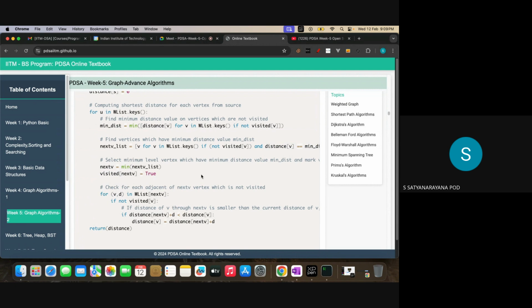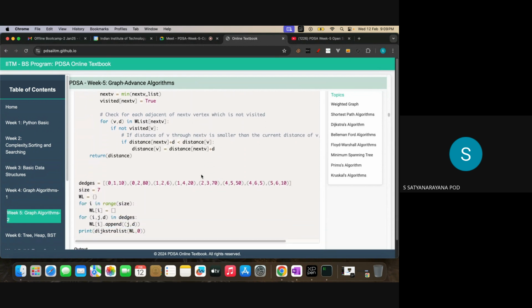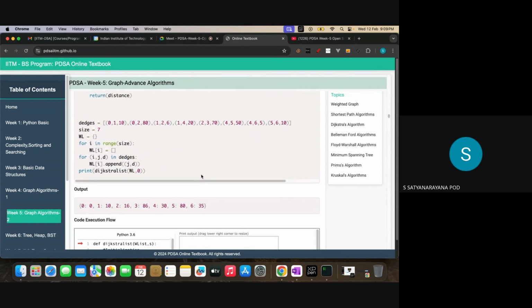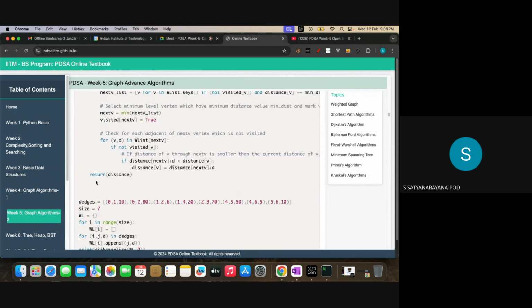So already making the visited matrix true, as in the DFS and BFS algorithms, because already the dictionary is updated. Am I right? Initially all of them are false. Is it right? Yes, sir. So that completely we are getting the output is this. Of course, they are not printing.